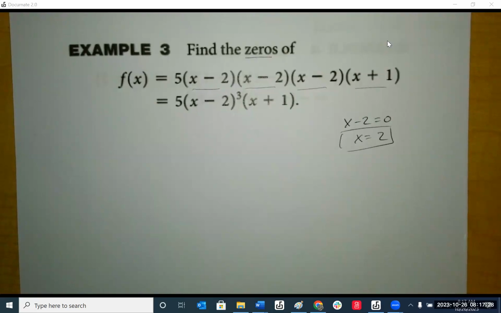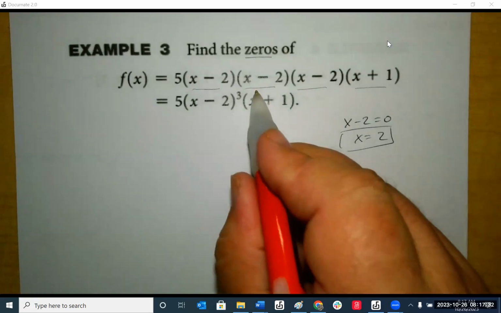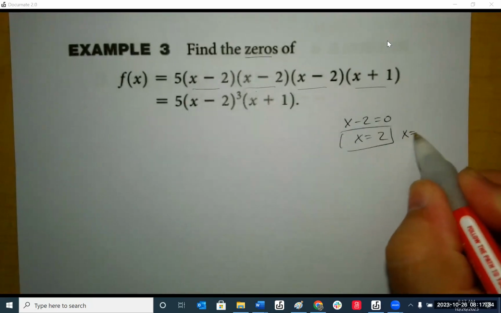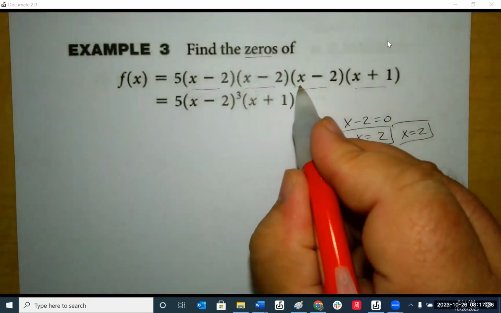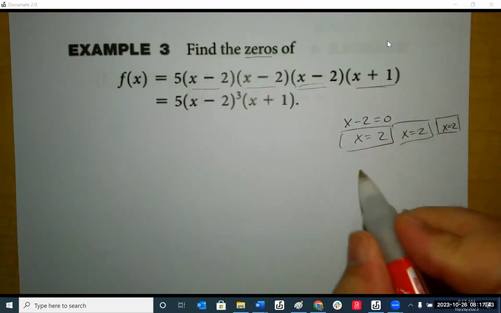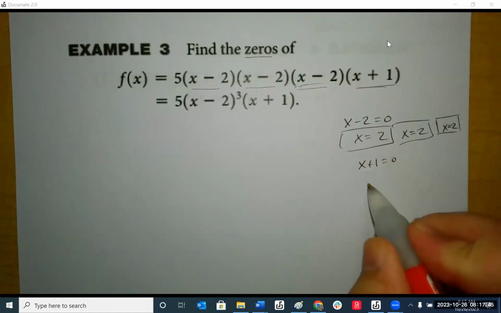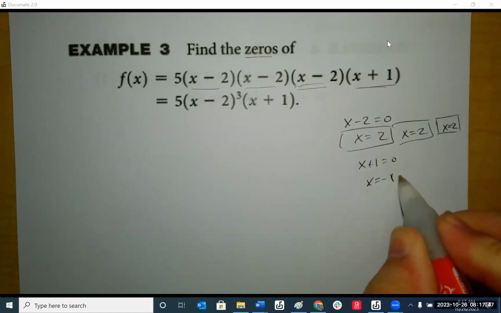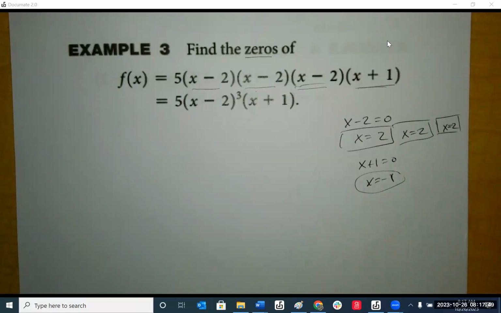That's an x-intercept. We have x equals 2 again, and again. And then we have this one, x plus 1 equals 0, so x equals negative 1. That's another x-intercept we have.